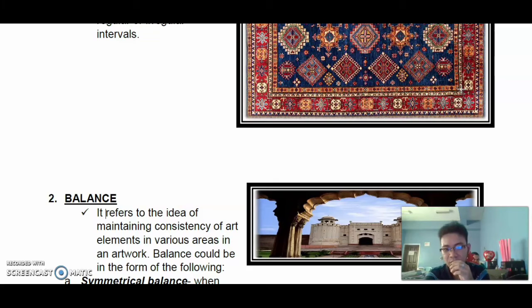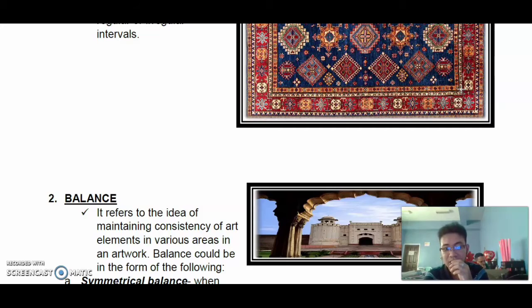This one has balance in a horizontal orientation. We also have different types of symmetrical balance, for example, in a vertical way. For example, we have a circle at the top, and we have another circle shape at the bottom.